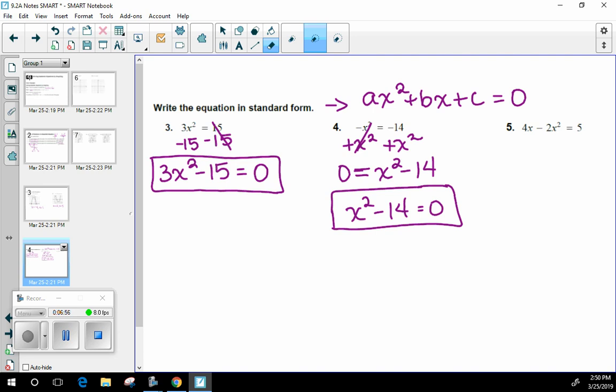Do you have a question? Great question. So remember back a few units ago, probably in the fall, we talked about proper standard form, especially with linears.